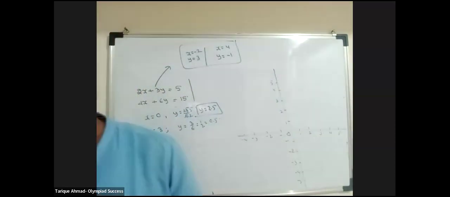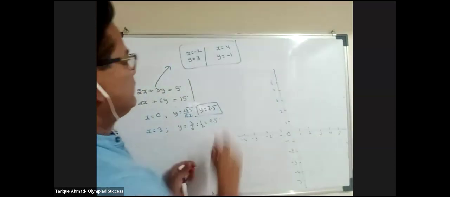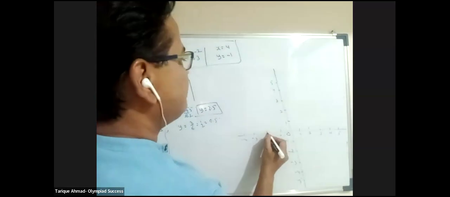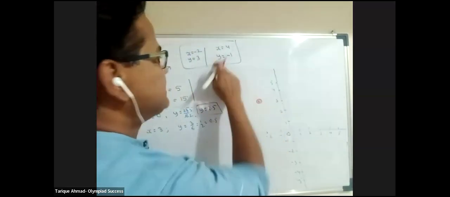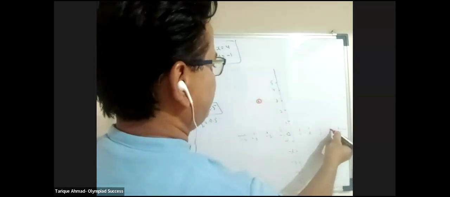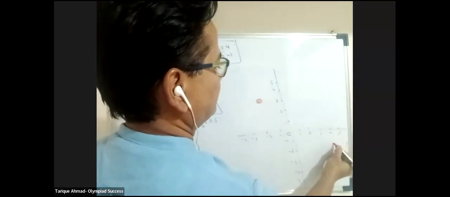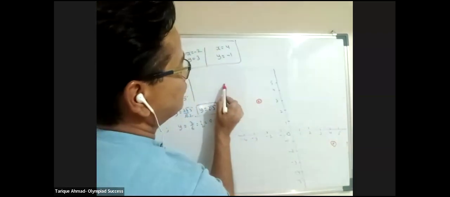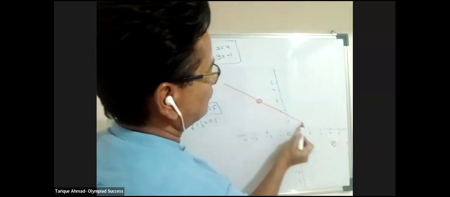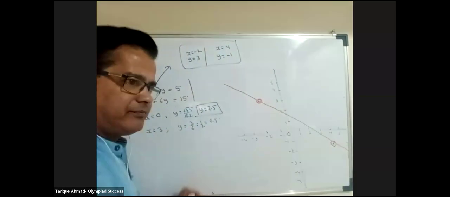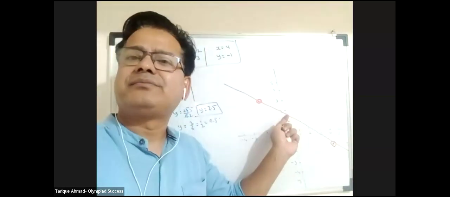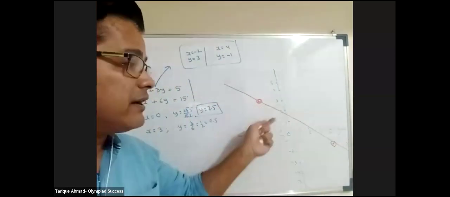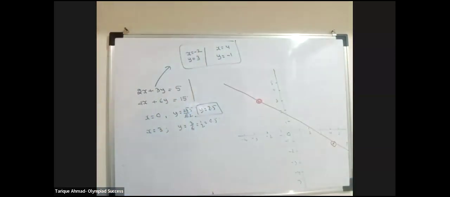Fine. x -2 and y 3, then x 4 and y -1. See, it is not exact, I'm drawing freehand, but when you draw on graph paper you will get a straight line.